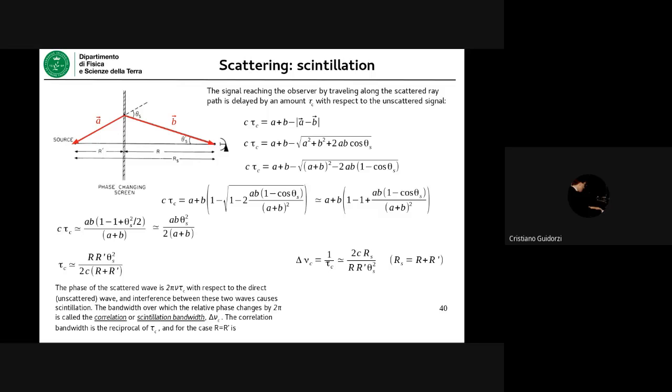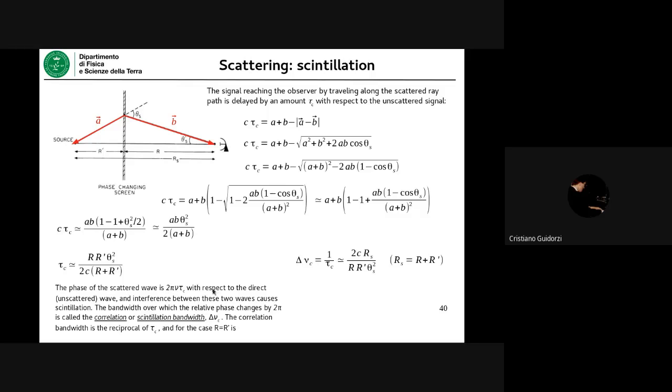If you integrate over a frequency interval much larger than this, then you are summing up different kinds of interference, so you are just smoothing out possible variations. It's a correlation bandwidth because it's the frequency range in which you have the same behavior, the same kind of interference between the rays traveling different paths. Okay.